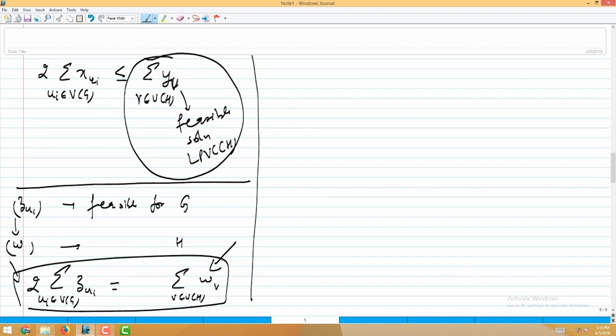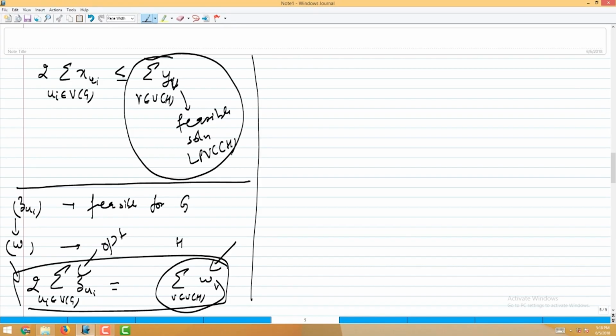So now the proof is as follows. Consider any optimum assignment for G. Based on that optimum assignment, I can give a feasible assignment to H this way, by giving the same assignment to both the copies. And what do I know? I know that the assignment that I've given to H is twice the assignment that you started with, right?